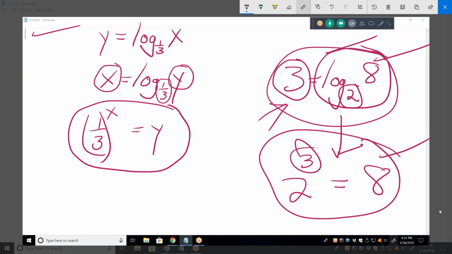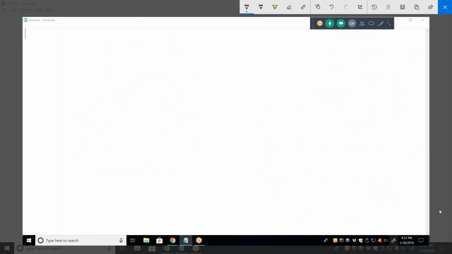Let's go back. I want to talk about logs. I don't want to pass this opportunity up because you really need to understand logs. All log discussions begin here. What is different about that expression, about any other expressions you've ever encountered?